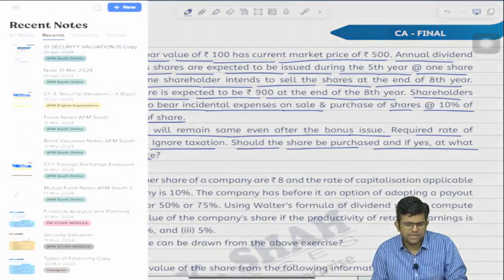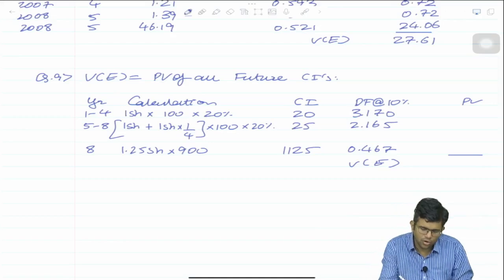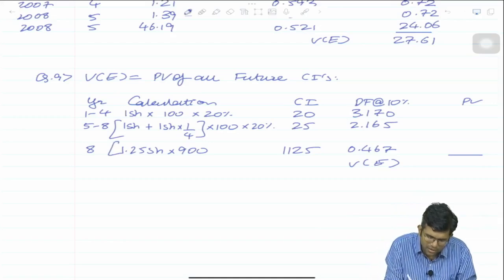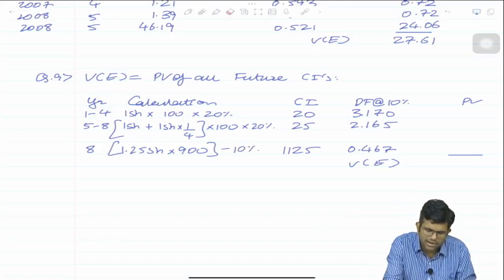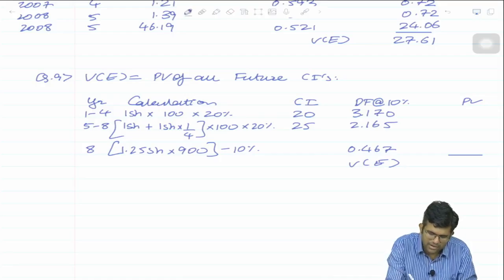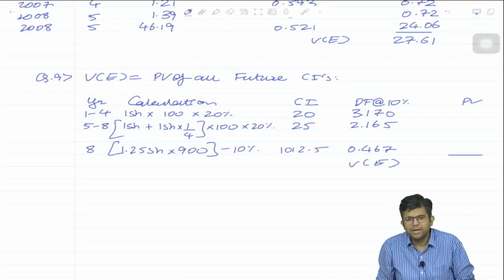So if 10% they are charging, do you all understand that I will of course sell it at 1125, but the cash flow that I will get in hand will not be 1125, it will be 1012.5. Everyone clear? It will be 1012.5. This is the cash flow I will be getting in hand. Story clear till here?